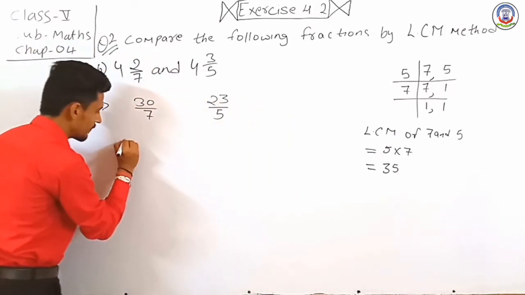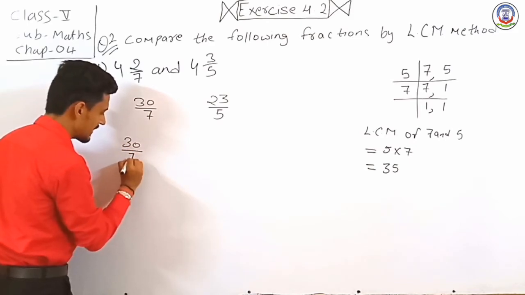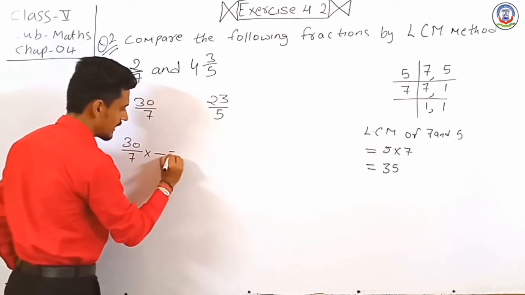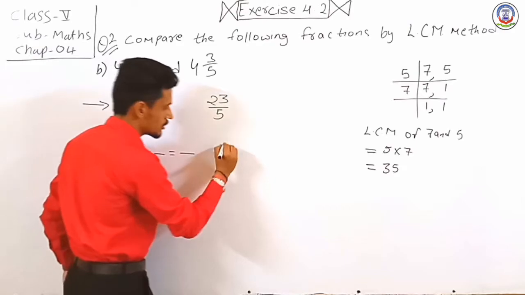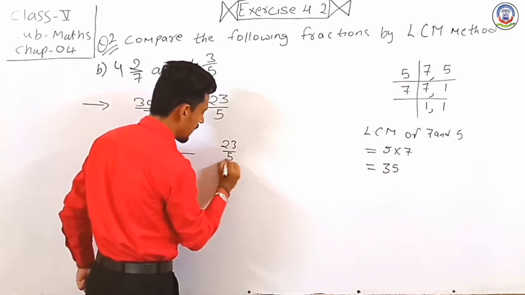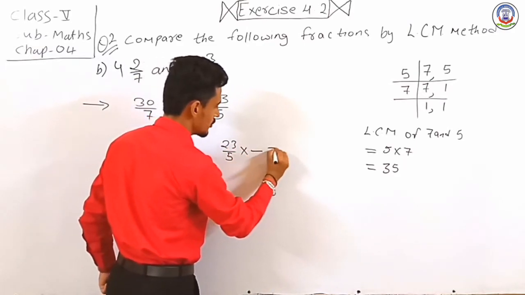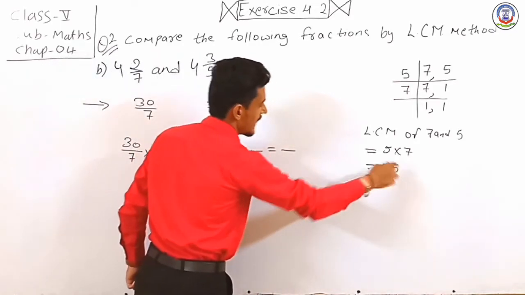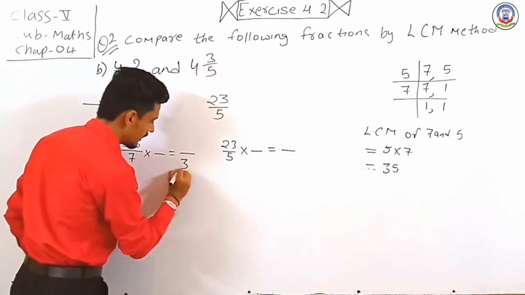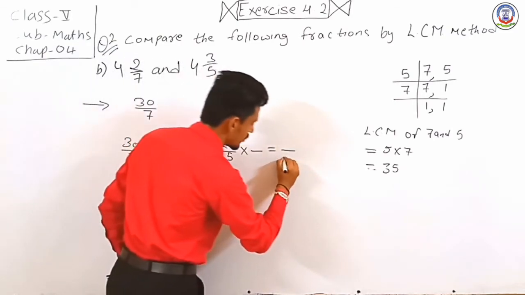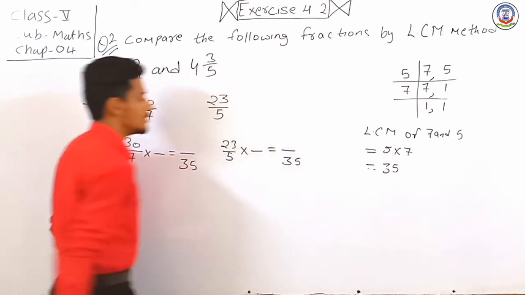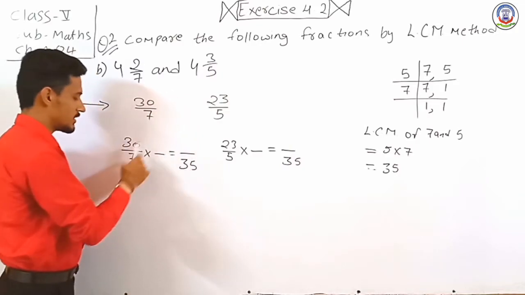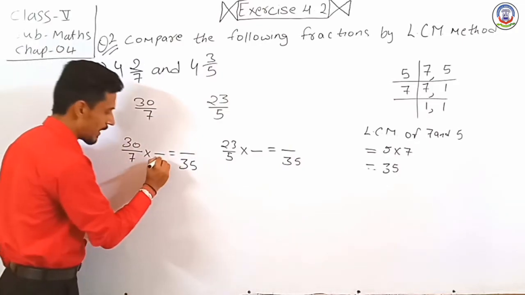Now we do here 30 upon 7 multiplied, and here also 23 upon 5 multiplied. Now we have 35 as LCM. So we write here 35 and here also 35. Now 35 is divisible by 7 and it comes 5 times.